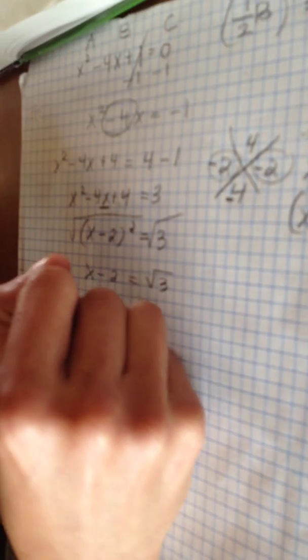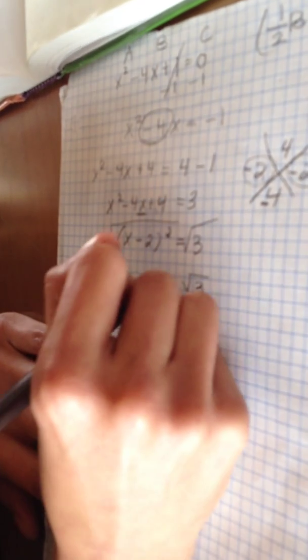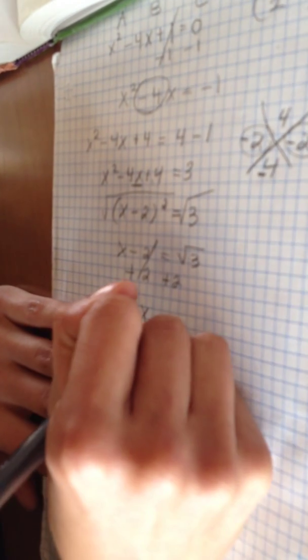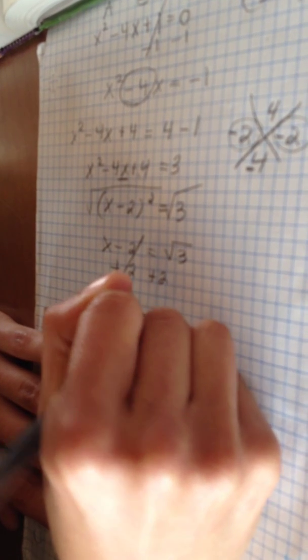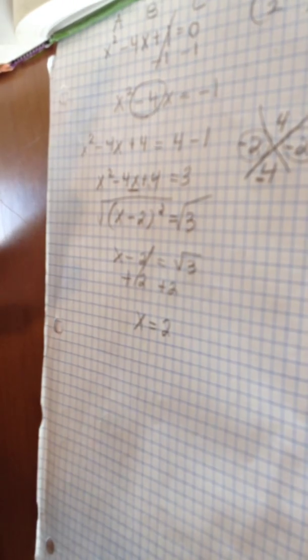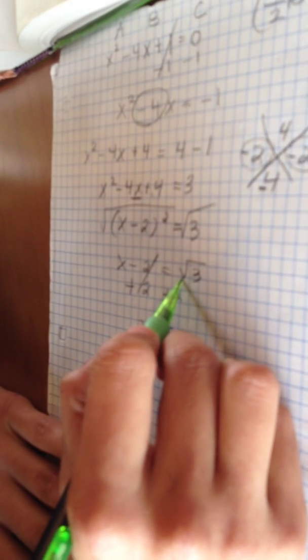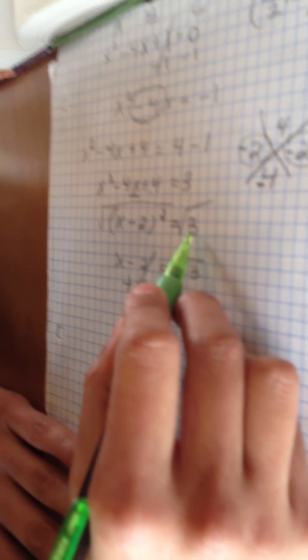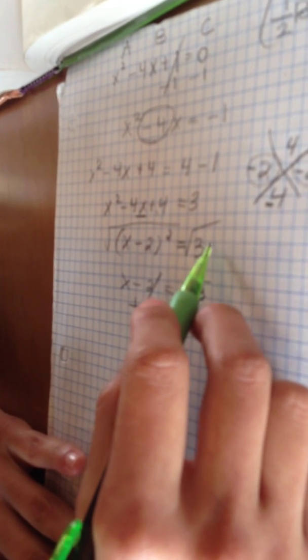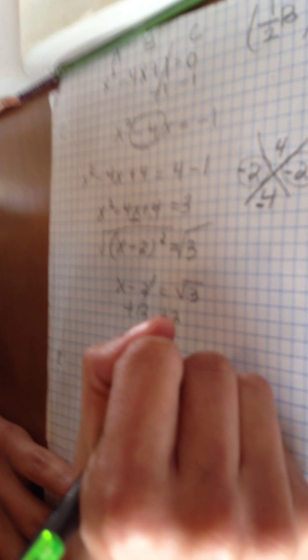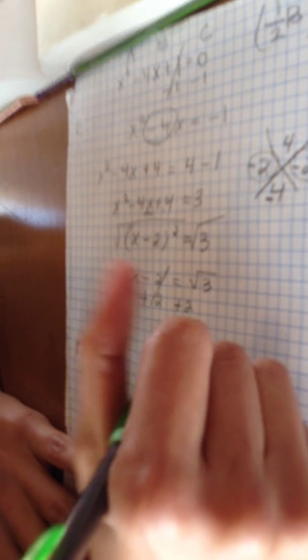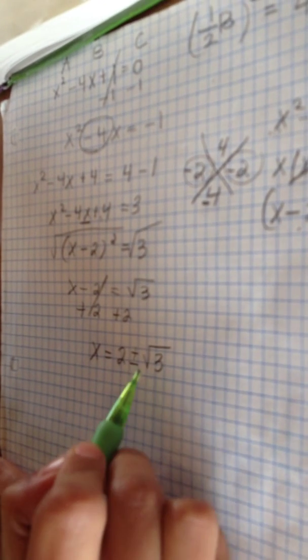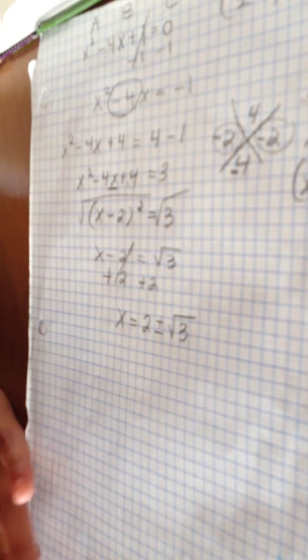So you have to plus the 2, and now you have x by itself. And then you have to remember that with radicals, because you're not told if it's a plus or minus 3 or anything like that, you can't forget the plus or minus. I didn't write it in there, but that's something that you're going to have to know. So x equals 2 plus or minus radical 3, and that's your final answer.